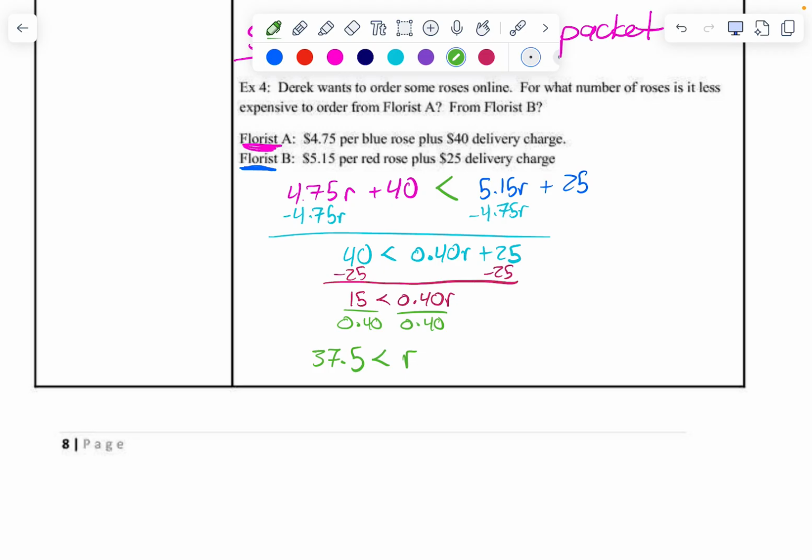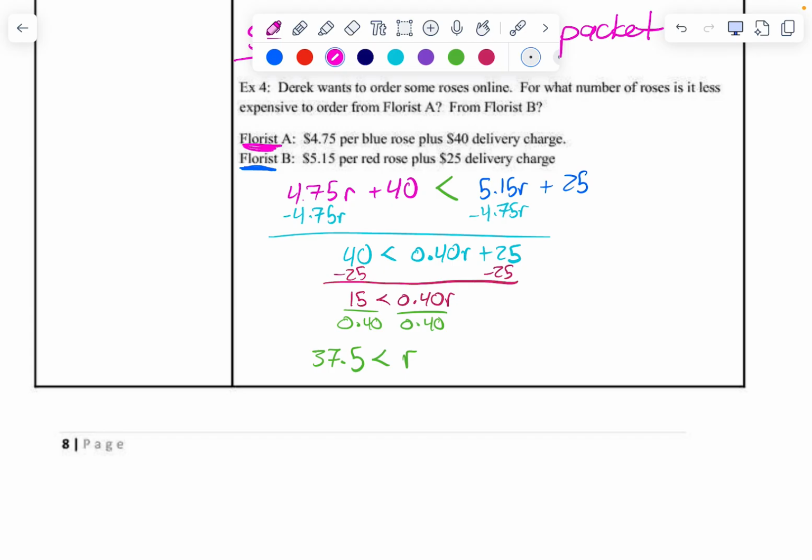Derek, what does this number mean to Derek? Diego, how about you? Well, you got to be a little more specific. Yeah, try it, Jackson. If he orders more than 37 roses, then florist B is better.